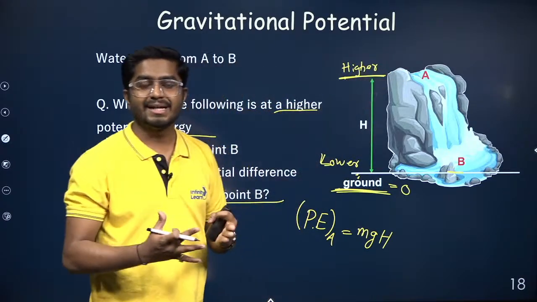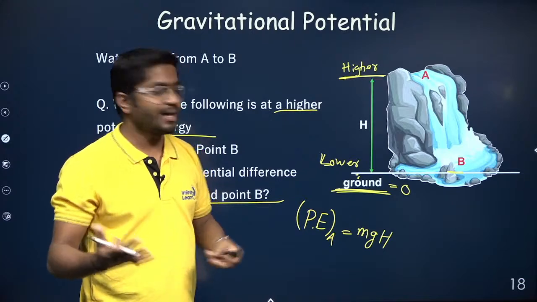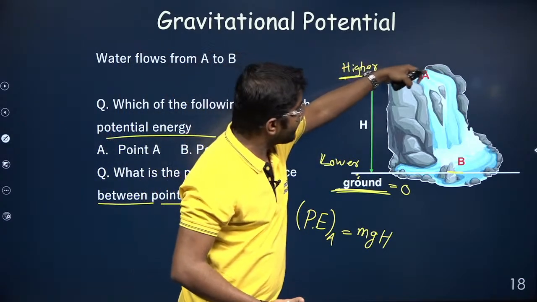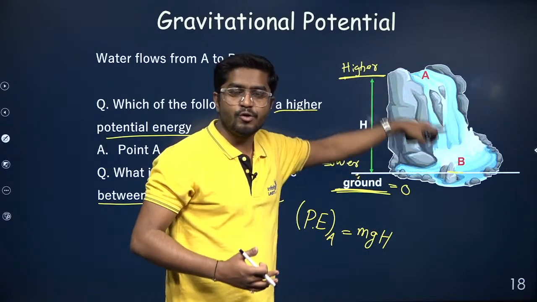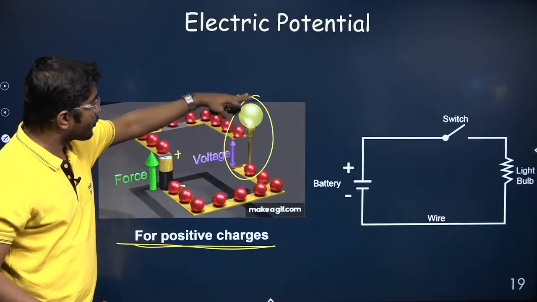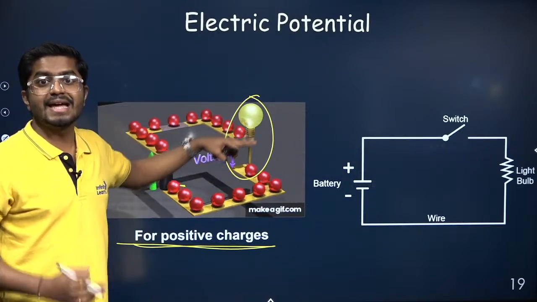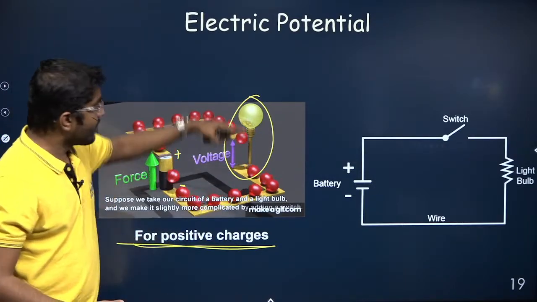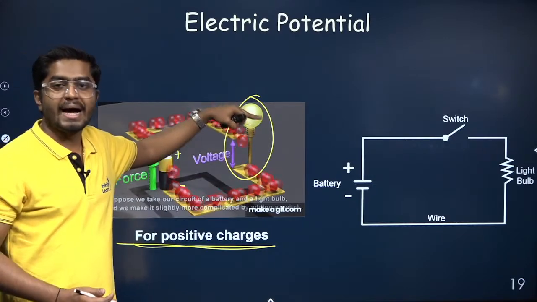We need energy to pump the water to a higher energy, and water will readily, easily flow from higher potential to the lower. So across any electrical device, the positive charges will readily flow from higher potential to the lower potential.